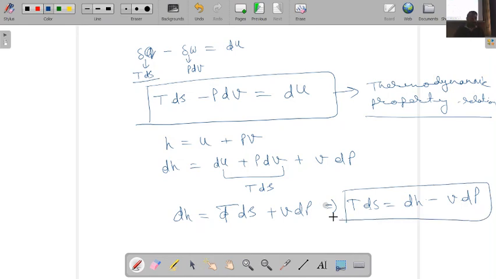So this is another thermodynamic property relation. The top one is typically known as Gibbs first relation.